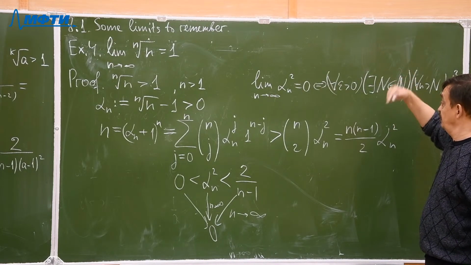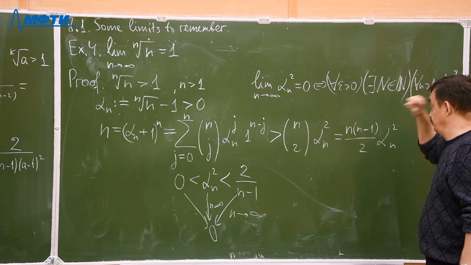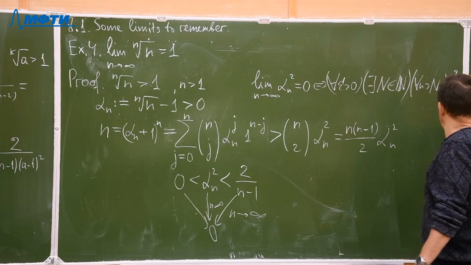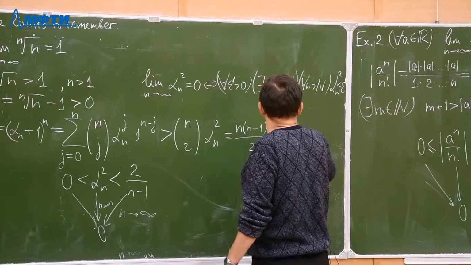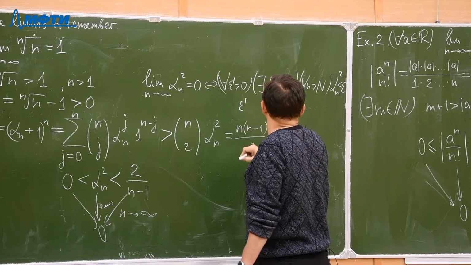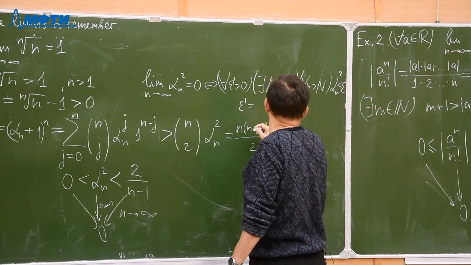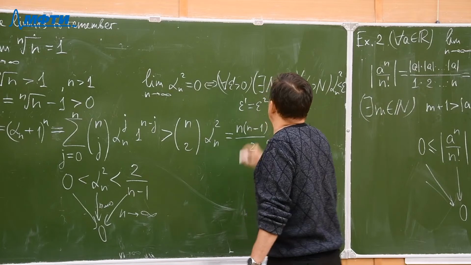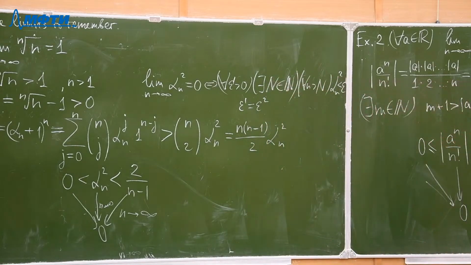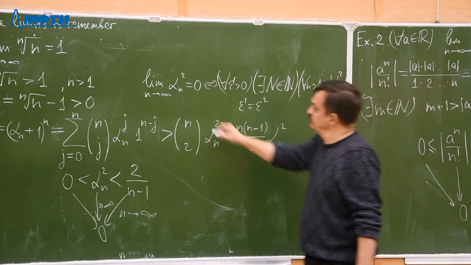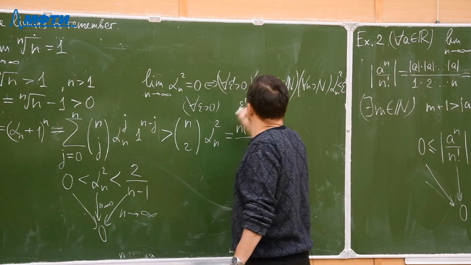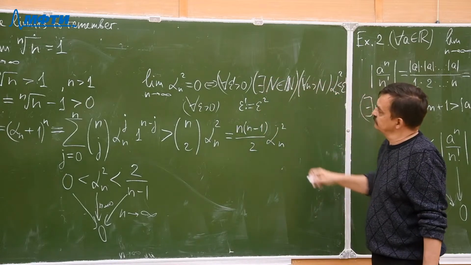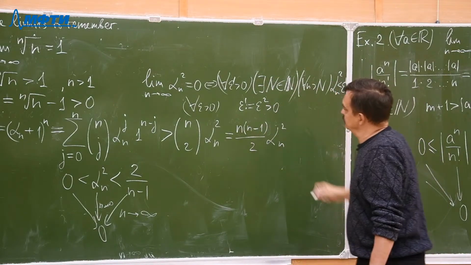Here we have something for arbitrary epsilon, let me put it epsilon prime. So take arbitrary epsilon greater than 0, then put epsilon prime equals epsilon squared, which is also greater than 0.